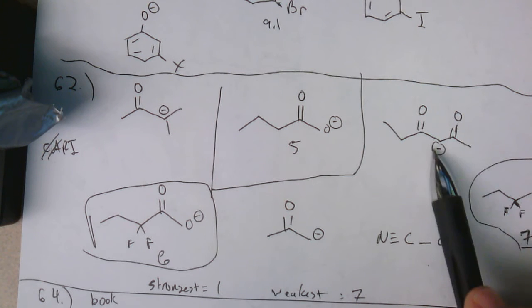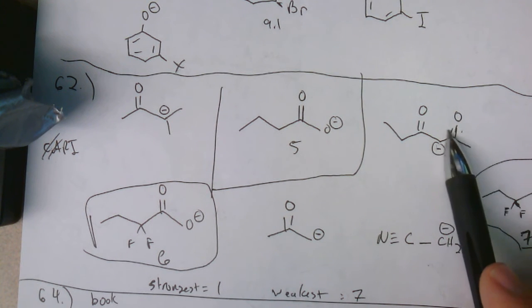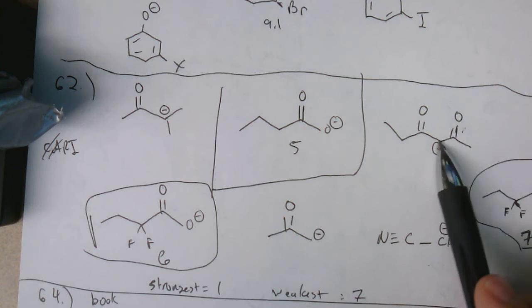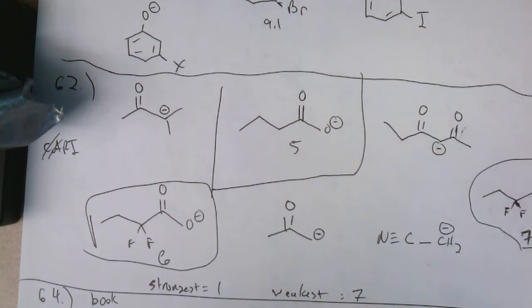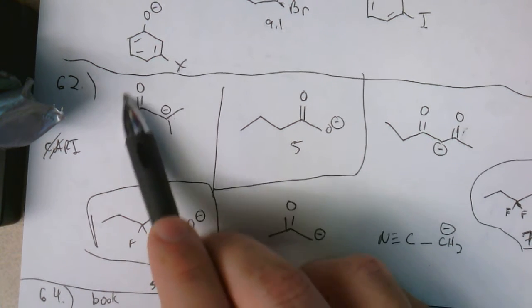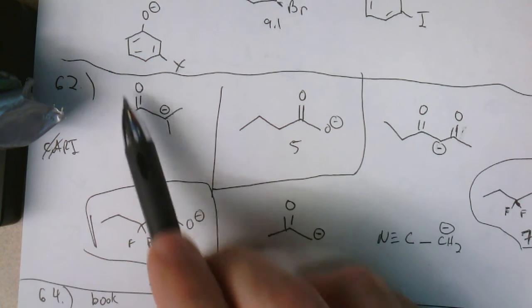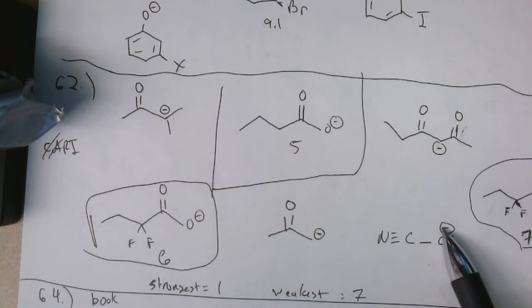This one, we have a resonance structure where we can put the negative charge on this oxygen, right? I can make a double bond here and pop this lone pair up onto this oxygen. So I have one oxygen with a minus charge here, and an oxygen with a minus charge here. So this has 2 good resonance structures. This one has 1 good resonance structure where I do that same thing and make a double bond, negative charge on oxygen. I can do that on all of them, right?